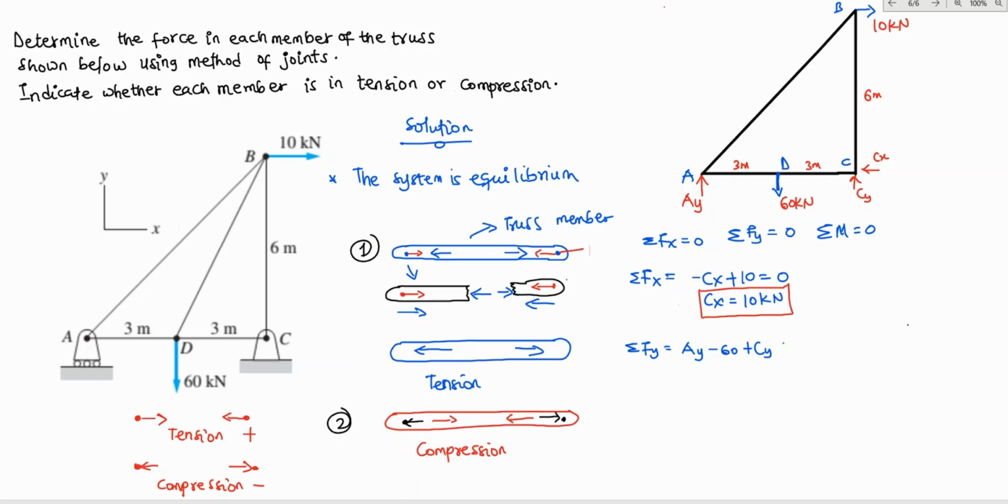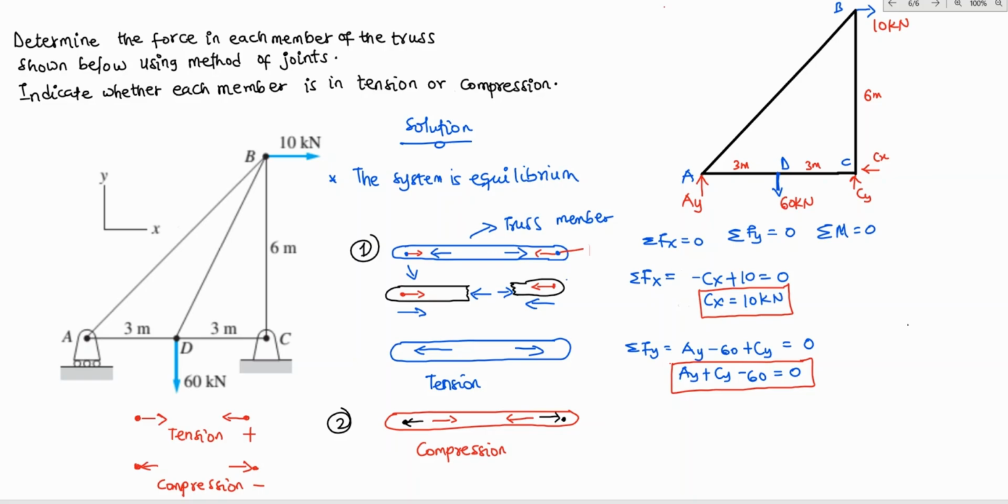All this should be equal to 0. Let me write this again as AY plus CY minus 60 equals 0. So that's the sum of forces in the y-axis direction. You see that we have two unknowns there, which are AY and CY.